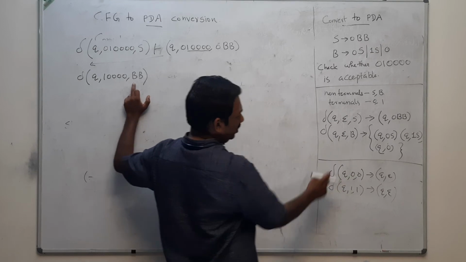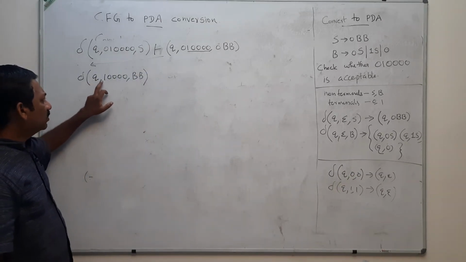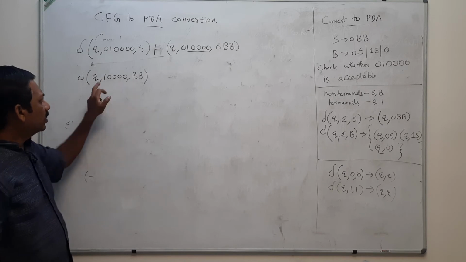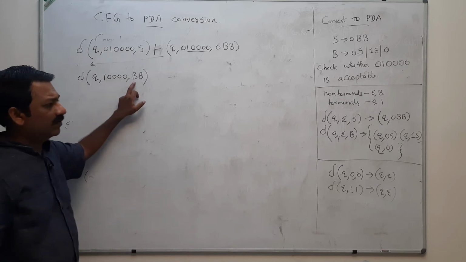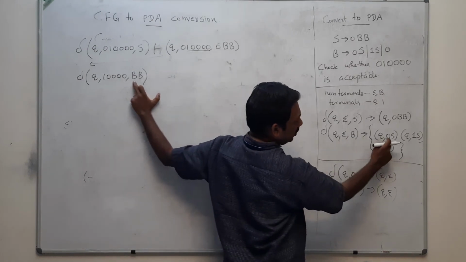Q1B is not here. Q epsilon B is there. Q epsilon B, that means without reading any input symbol, what will happen? Q epsilon B, you have Q0S.